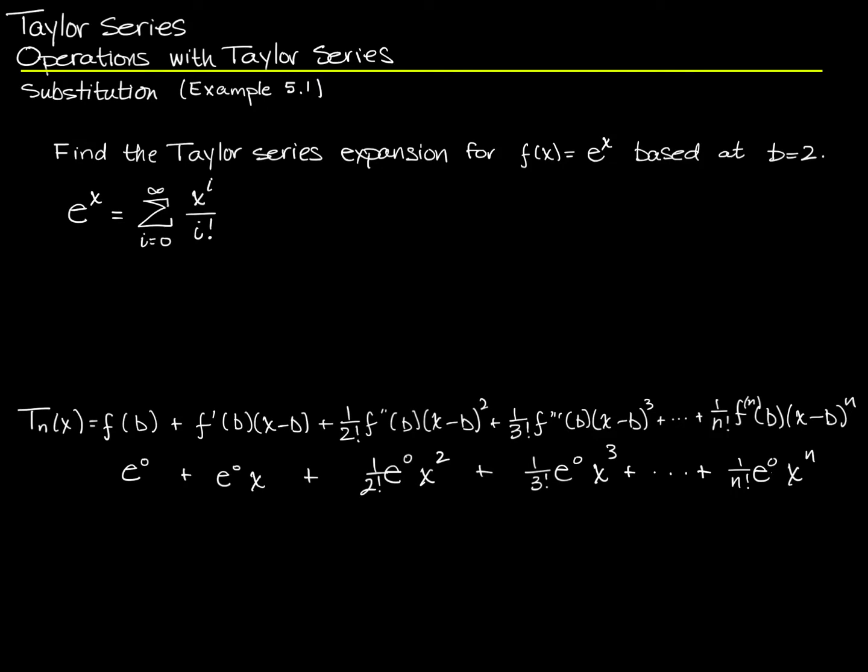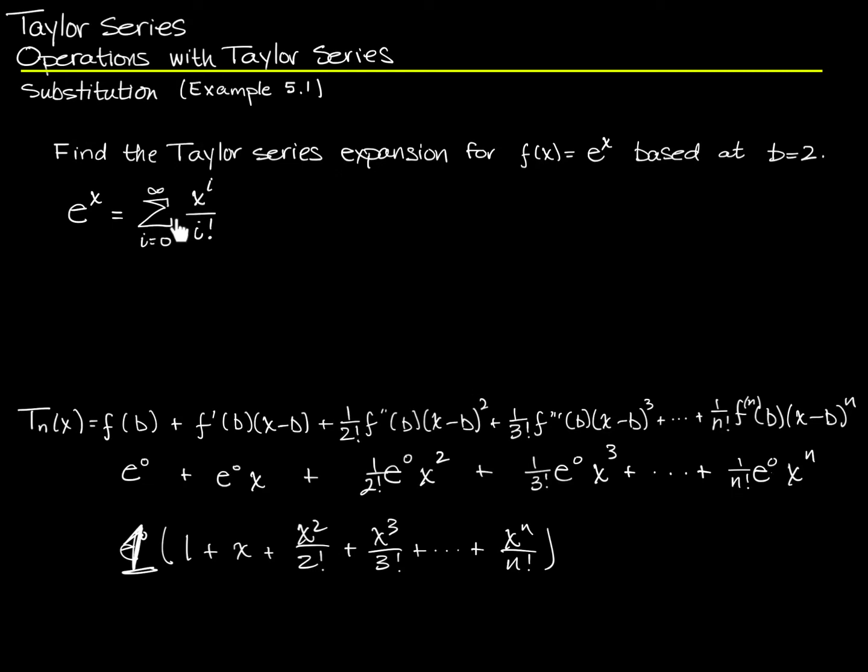And so if I factor that out, that's just equal to 1, I'm left with 1 plus x plus x squared over 2 factorial plus x cubed over 3 factorial plus, and so on, up to x to the n over n factorial. And if I rewrite this as a sum, I get this.